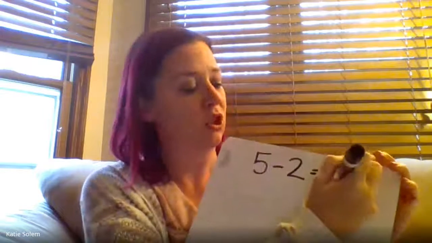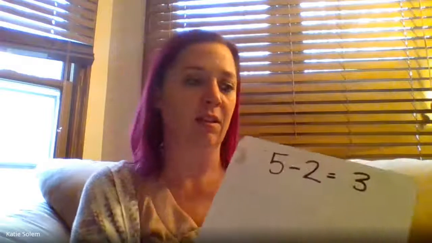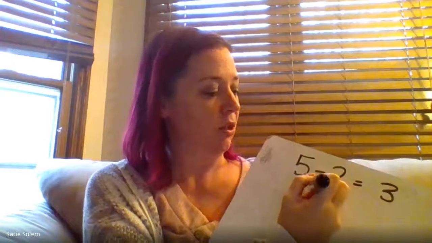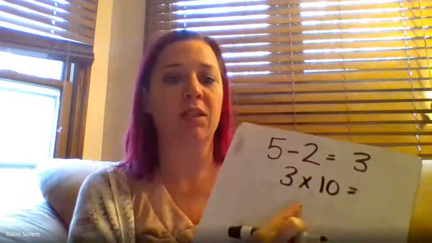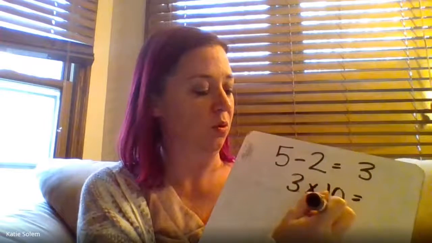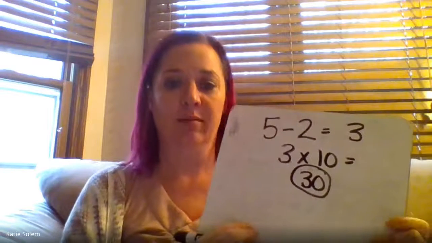So she has 5 baskets and gave 2 baskets away. So she has 3 baskets left. But there are 10 apples in each basket. So we have to multiply 3 times 10, which would get us to 30.